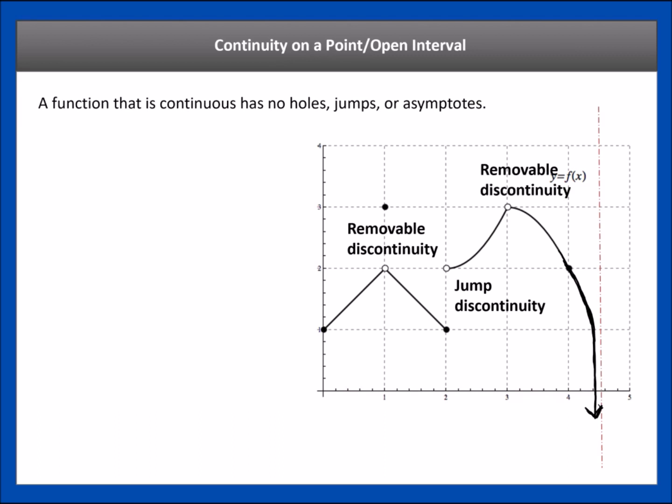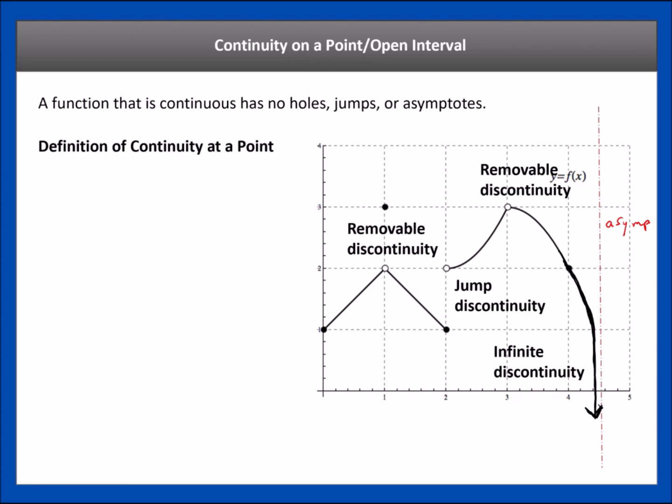It's a hole, right? But a hole is considered a removable discontinuity. And then you have an infinite discontinuity because this graph is approaching this asymptote, this dashed line that you see. And so these are all considered discontinuities, right?